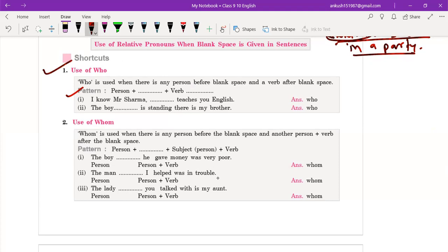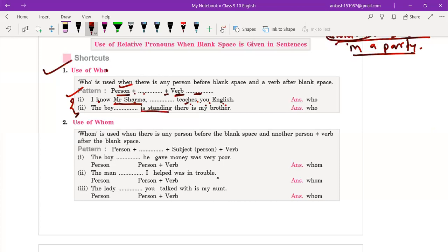So whenever there is a person plus relative pronoun plus verb, there would be a relative pronoun. Let us understand with these two sentences. I know Mr. Sharma who teaches you English. So Mr. Sharma is a person, and what is the verb here? Teaches. Okay.